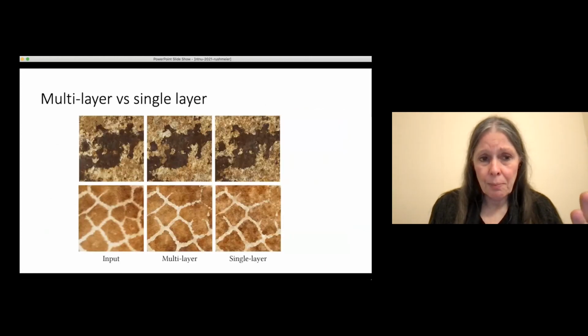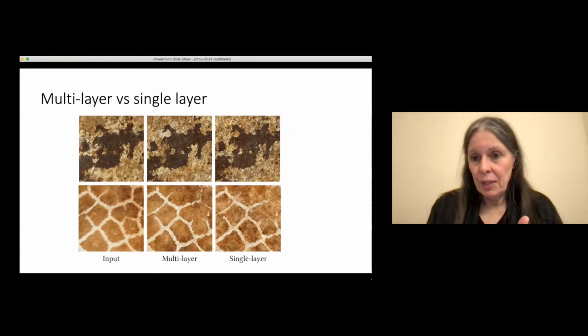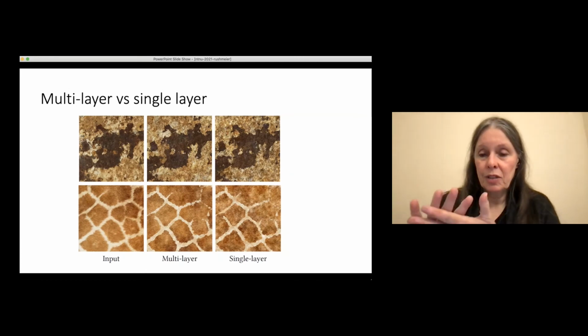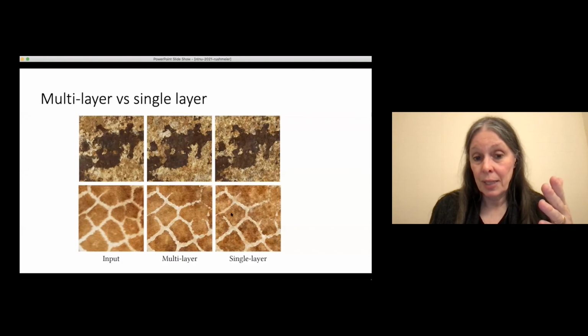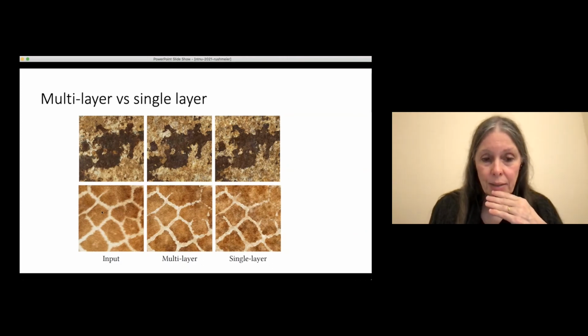So basically, we filter the material so it's very blurred, find a noise function to fit that, then find a noise function to fit the next level of noise, and so on. And this makes a big difference in the result, as opposed to taking a single layer. If we just said, oh, we want one noise function to simulate this section of the texture, we get something that's very unlike the original, which really has this multispectral characteristic.